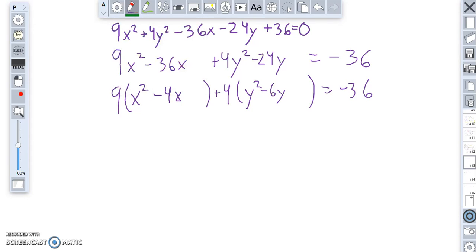And now I put in my magic numbers. Half of negative 4 is 2. I square that, I get 4. I add it to this side, 4 times 9, so I'm going to add to this side, 4 times 9. That'll be nice later.